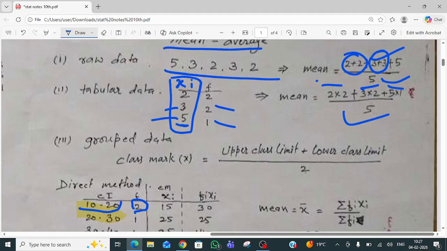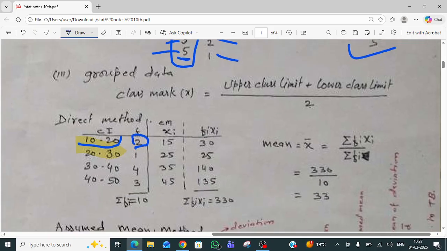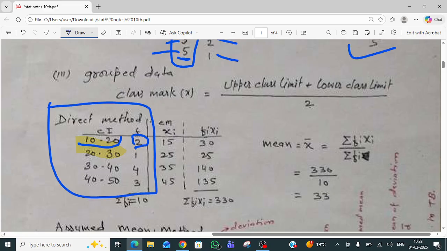Now we will continue. So 10 to 20, two students. So this much part is the question part, and after that we have to find the mean. So we took the class mark. Now our interpretation became 15 marks is scored by two students, 25 marks is scored by one student, 35 marks is scored by four, and 45.